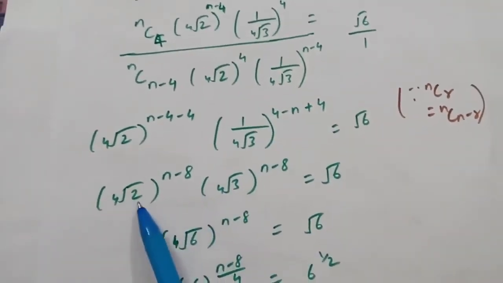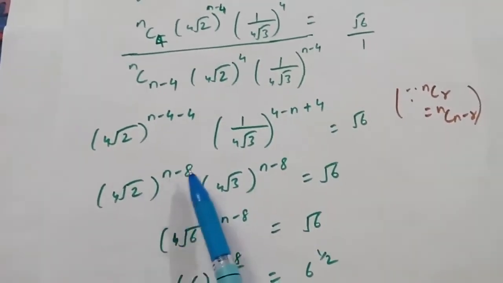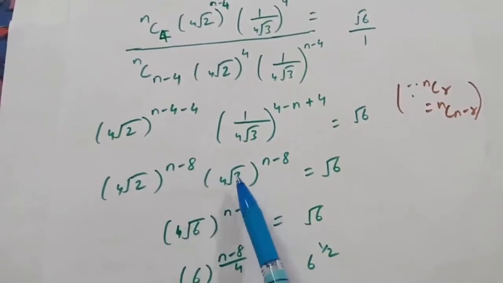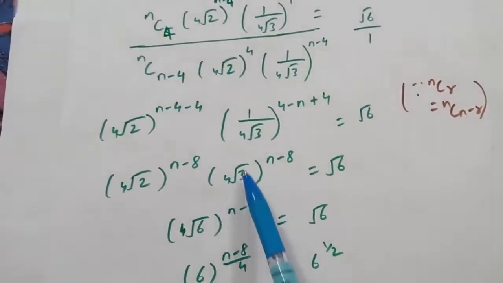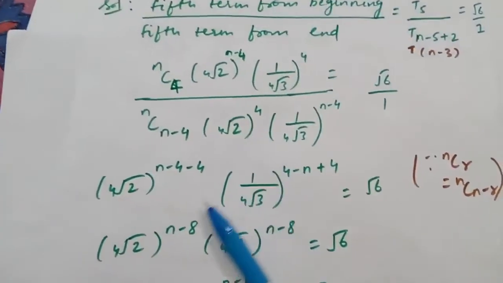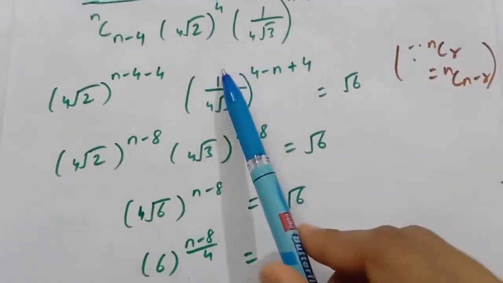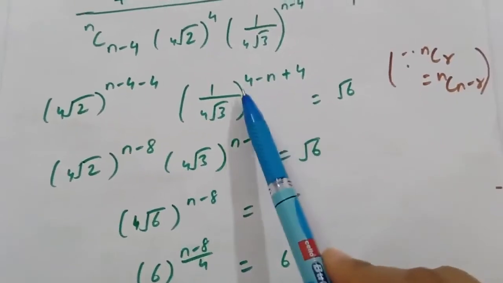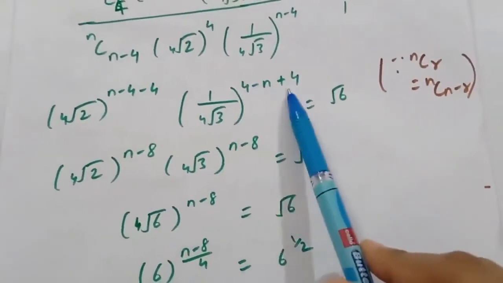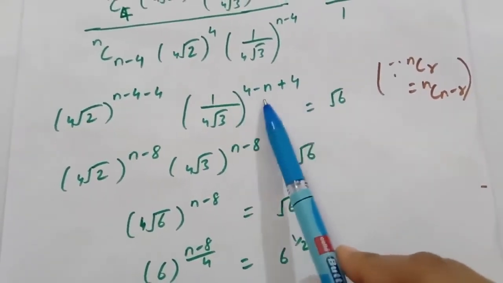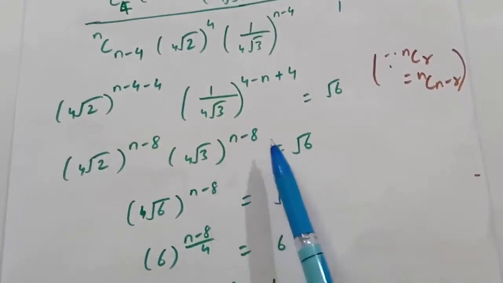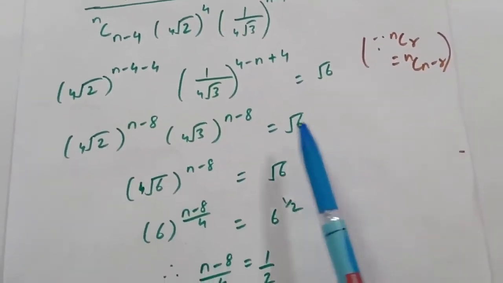So this will be fourth root of 2 raised to the power n minus 8 into fourth root of 3, because we are taking this fourth root of 3 in the numerator. Therefore, the sign of the power will change. Here it is 8 minus n. Now it will become n minus 8 equal to root 6.